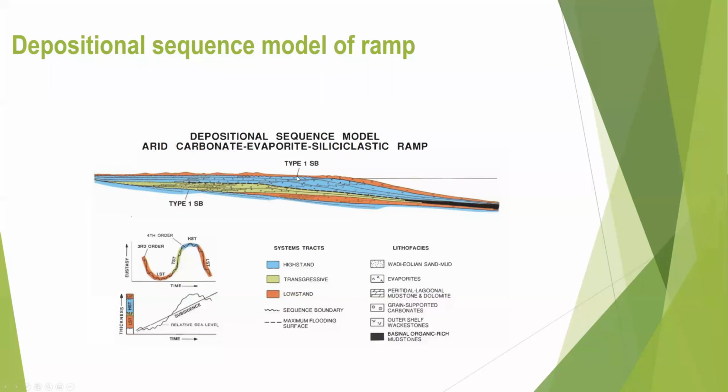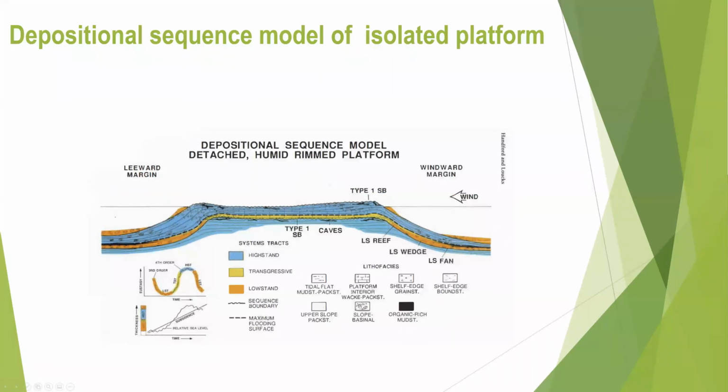And again, we have the sequence boundary. And for the isolated platform, you can see in two sections. In this section, for example, we have lowstand wedge and lowstand fan here, lowstand wedge and lowstand fan here. In this part, because of the direction of wind, we can see the condensation here, and also in this part, we can see the highstand system here, and also erosional system or sequence boundary at the upper part.